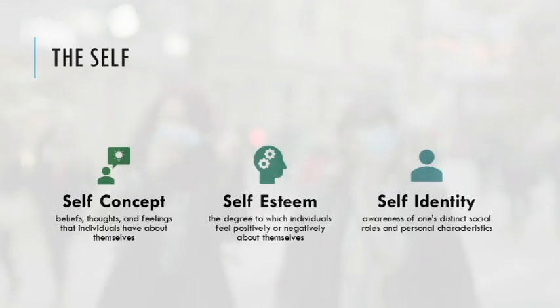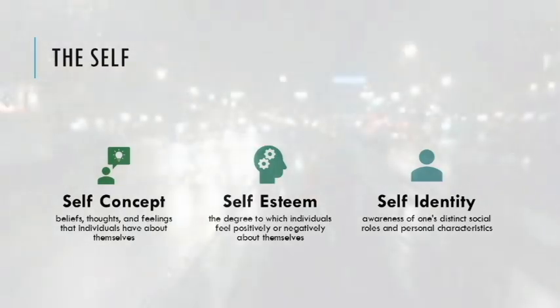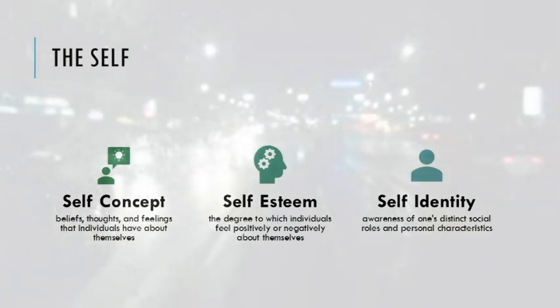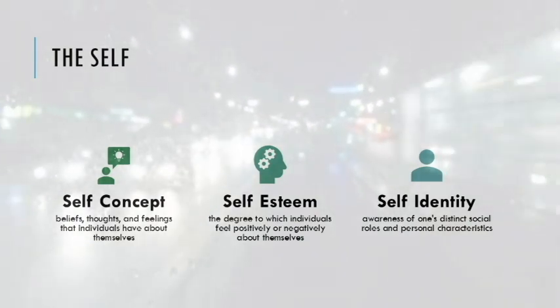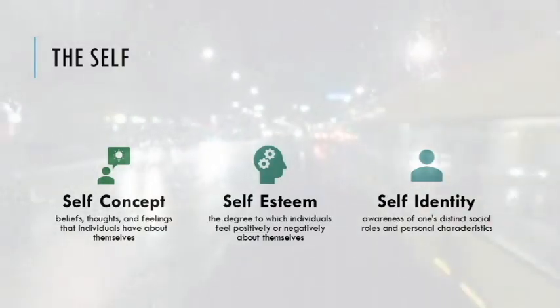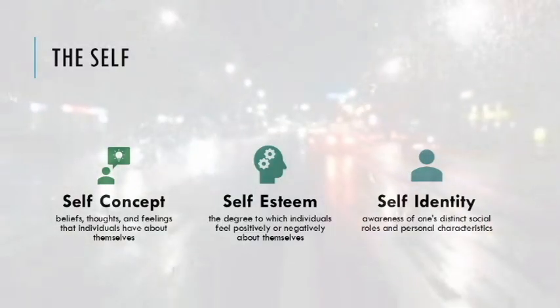and explore the importance of how this plays itself out in human behavior. So if we're to think of the self-concept, this is basically the collection of beliefs and thoughts and feelings that a person has about themselves. It is that mental representation of who we are.